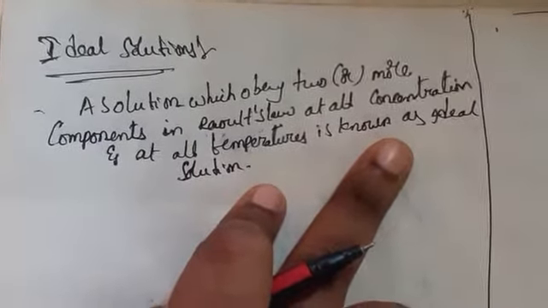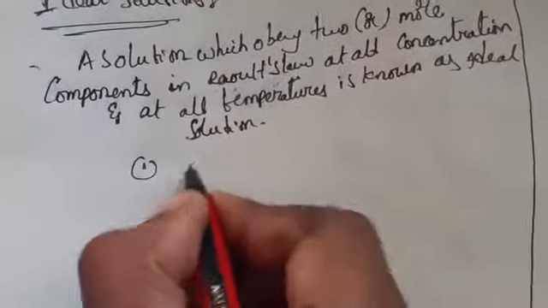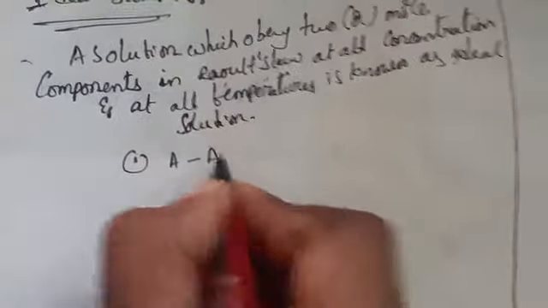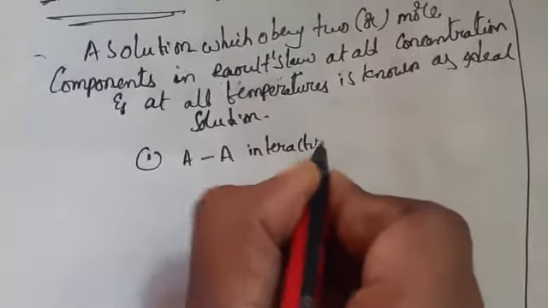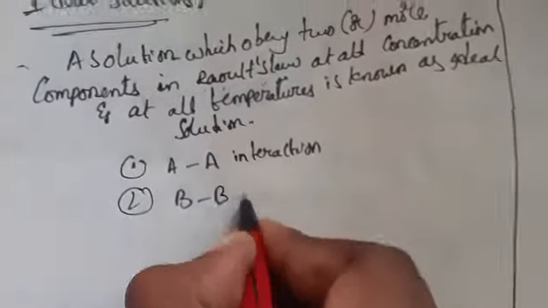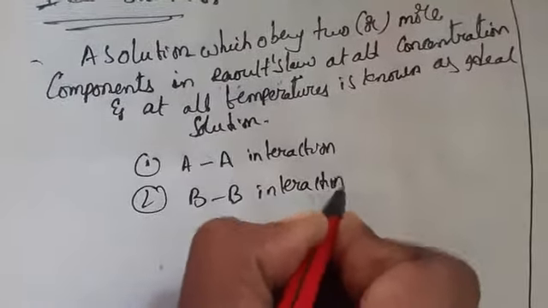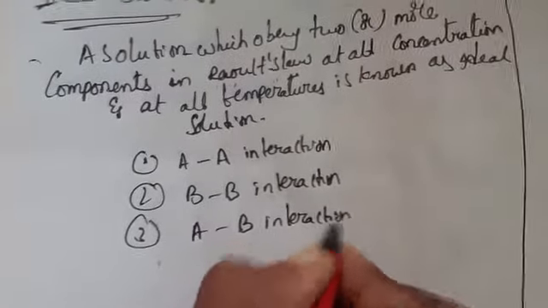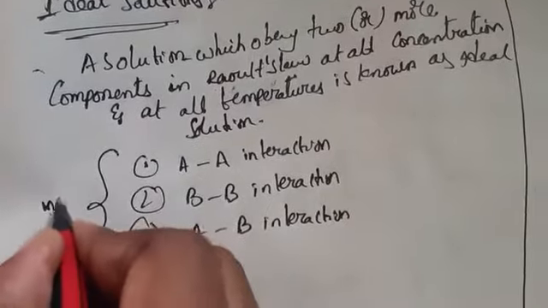So these are going to have some characteristics, that is AA interaction, BB interaction and AB interaction, and also these are the mole fraction components.